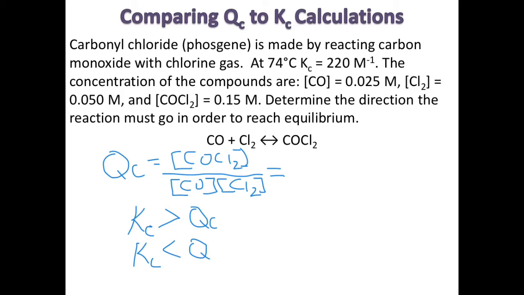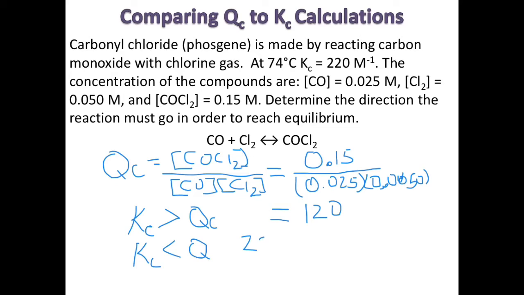Well, let's put the numbers in there. In the numerator, we have 0.15. In the denominator, we have 0.25 and 0.050. And when you finish with that calculation, what you end up with is 120.